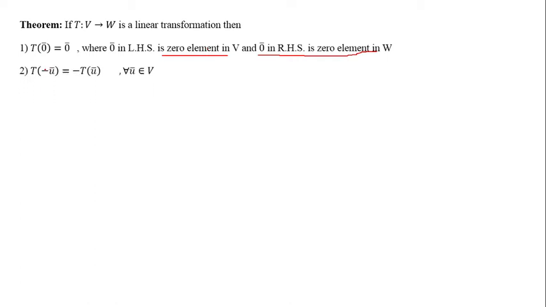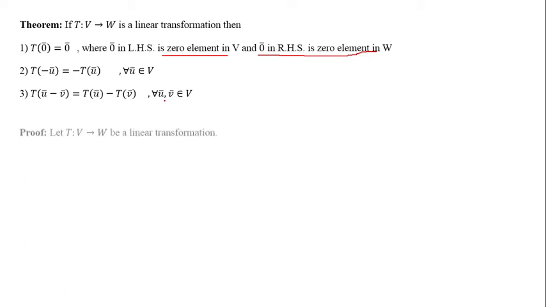Second condition, T operating on minus U bar is minus sign outside, T operating on U bar, and that is true for every U bar in vector space V. And third condition, T operating on U bar minus V bar is T operating on U bar minus T operating on V bar, and this is true for all U bar, V bar in vector space V.